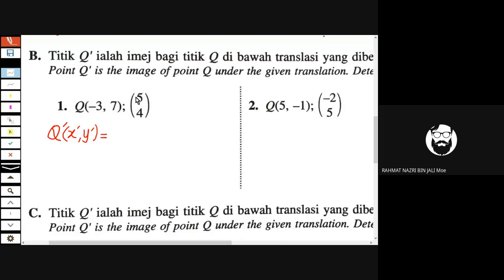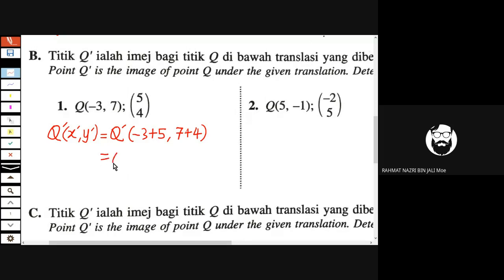Okay. This one is a horizontal distance, 5. Vertical distance, 4. So the Q prime, when we take the X coordinate from the object, -3. Tambah, tambah. Bila kita cari image, kita tambah. 7 tambah 4.